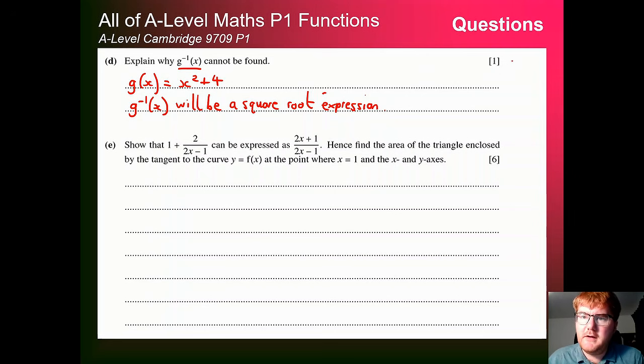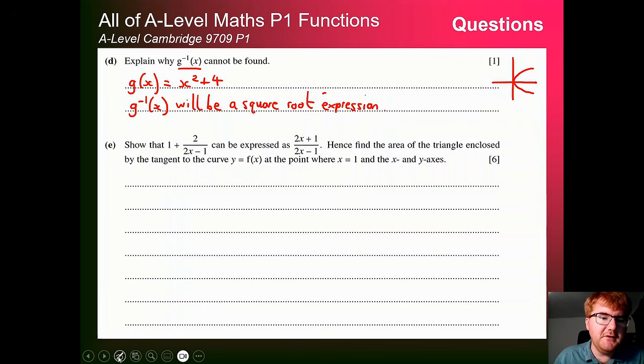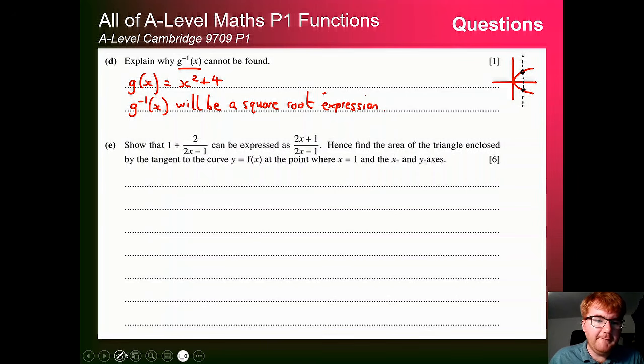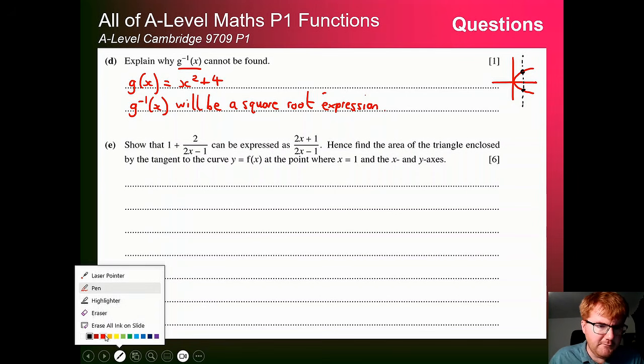Because if I draw a square root function, so something that looks like this, notice that it's not actually a function. I shouldn't say the word function here, because if we do the vertical line test, which I'm hoping you've done on the course, you'll see then the vertical line test shows that we have a many-to-one function. Let me write that in.